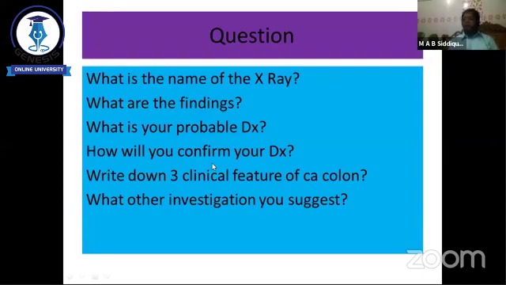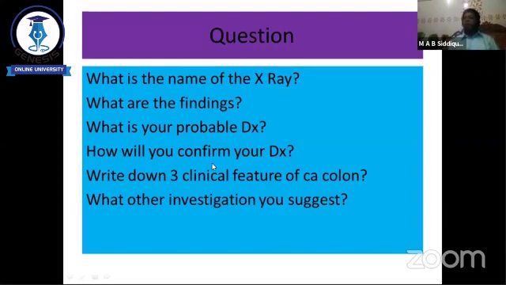If it is rectal carcinoma, we can delineate it by MRI. But in case of colonic carcinoma, not rectal, then we can do a contrast CT scan for better delineation and local staging. For distant staging, we use abdominal CT, chest CT, and we can also do tumor markers.